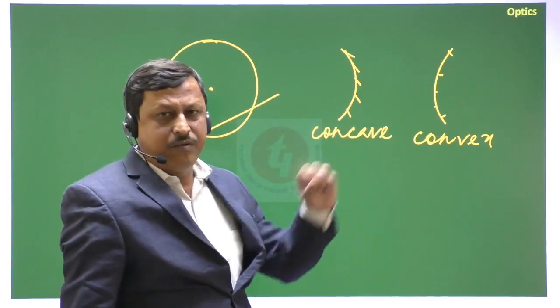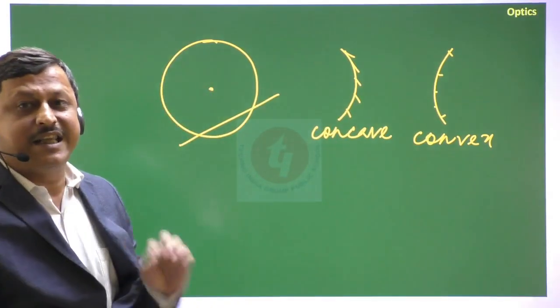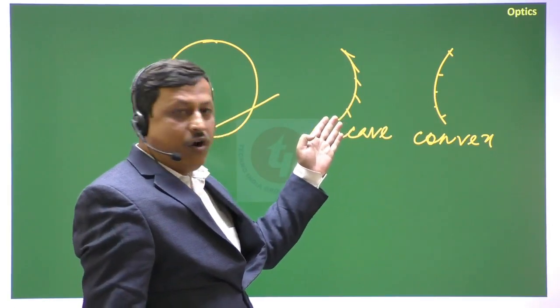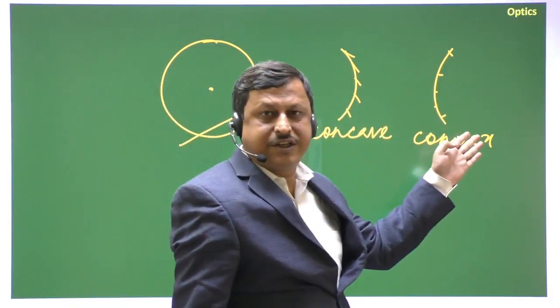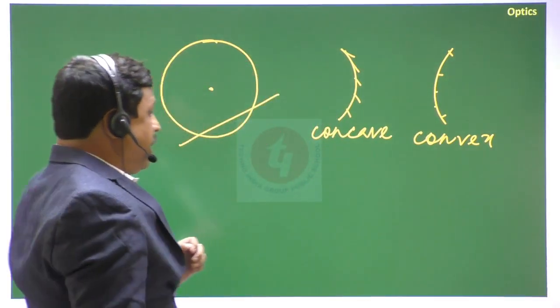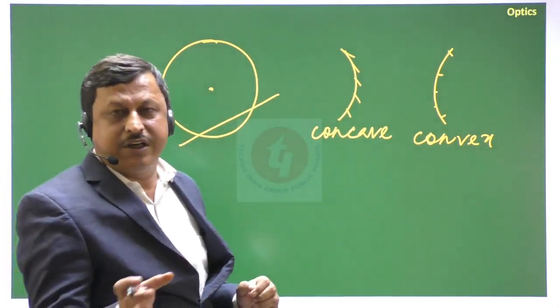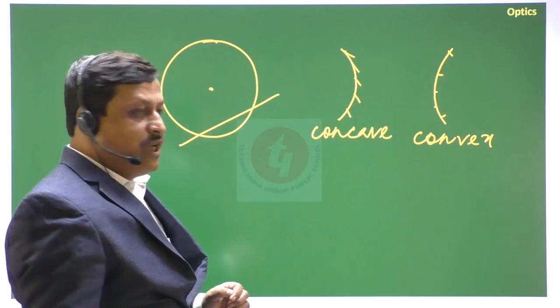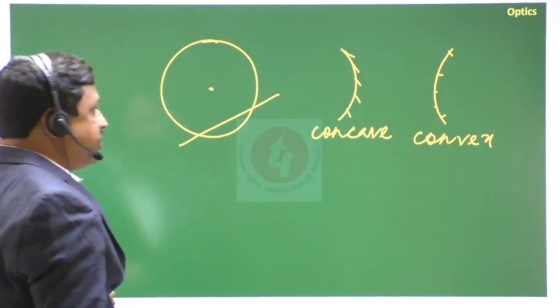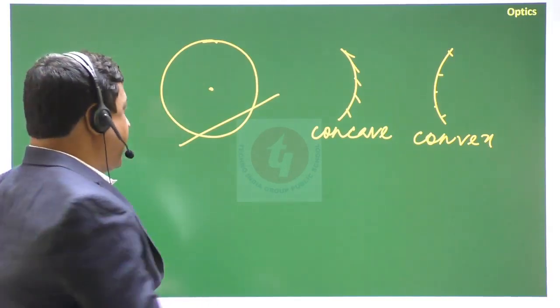Any type of curved mirror has a center, right? Because this is a section of a hollow sphere. So any type of mirror, maybe concave, maybe convex, has a center, which is called the center of curvature.